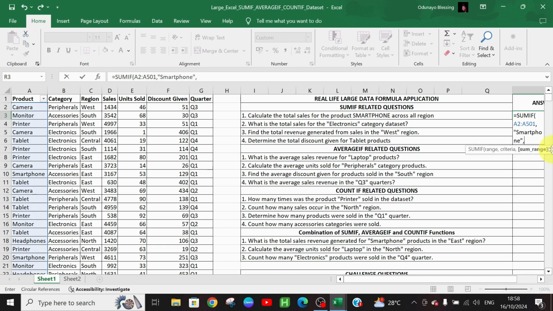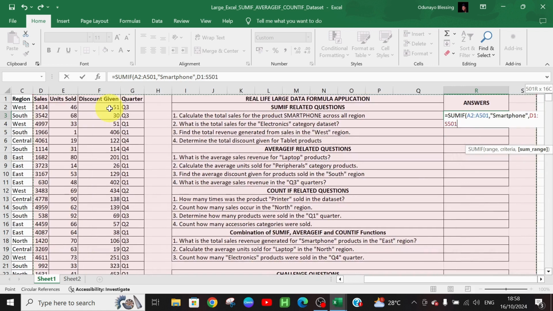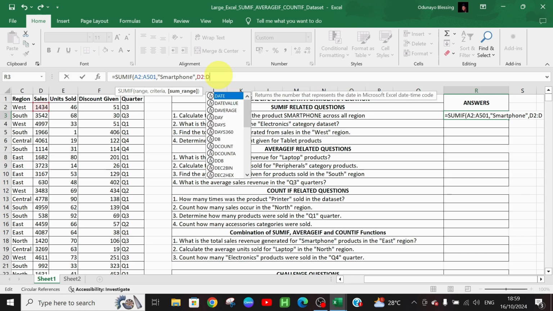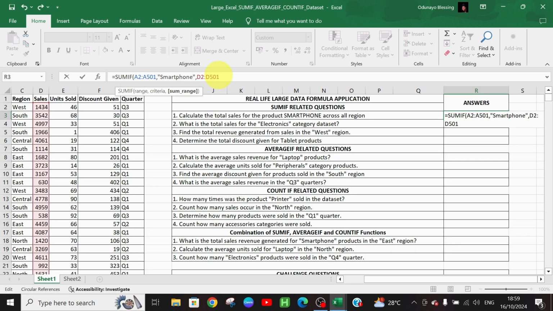After the criteria smartphone across all regions, it's the total sales, so the sum range is the sales column, which is D2 to D501, the end of the data.